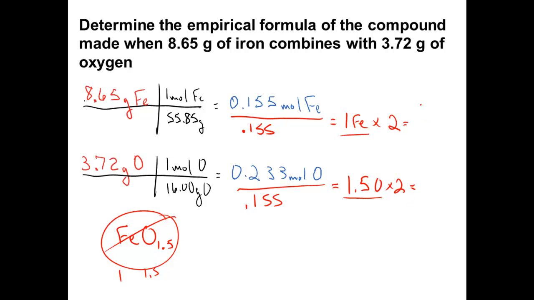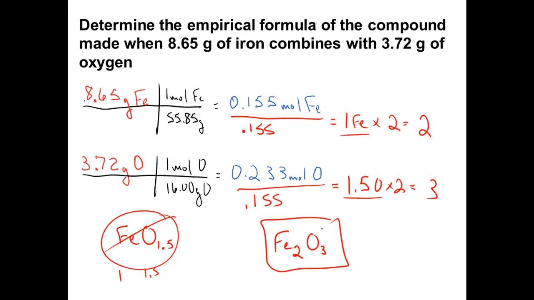The ratio will be 2 to 3. So in our formula of iron and oxygen, it'll be 2 irons for every 3 oxygen. And that makes sense. We would call that iron(III) oxide. So that's the empirical formula trick.